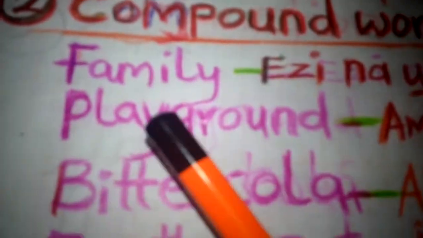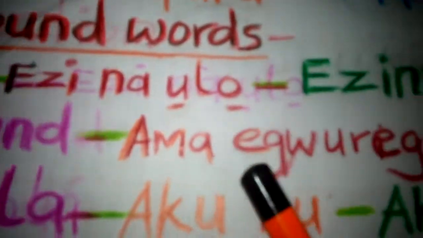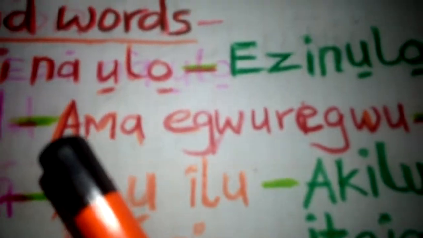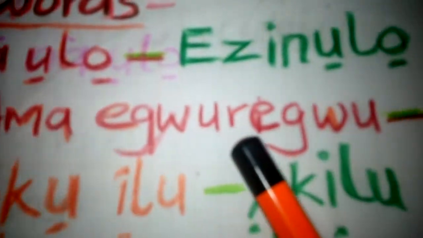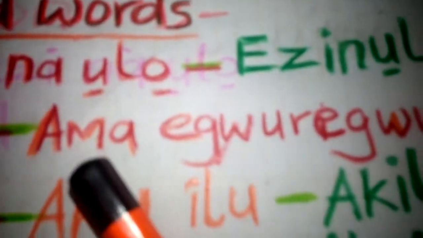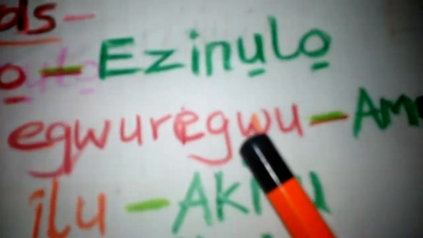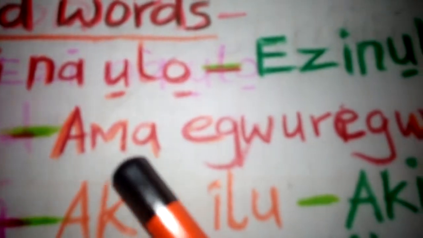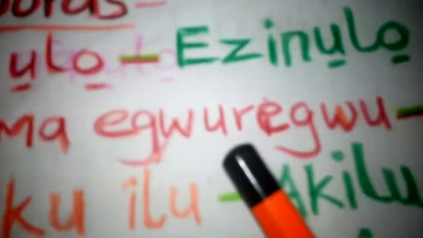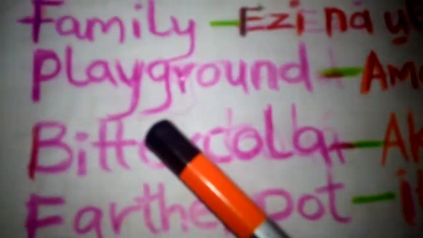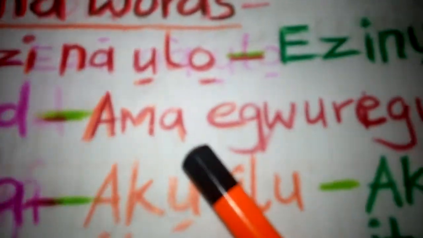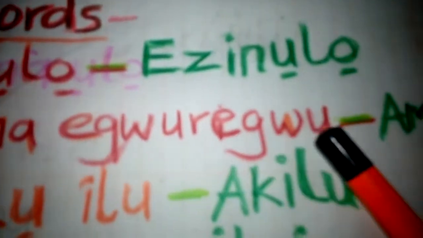Playground or playing ground. Okay, ama egwuregwu. Ama egwuregwu is a playground or playing ground. Okay, ama egwuregwu.